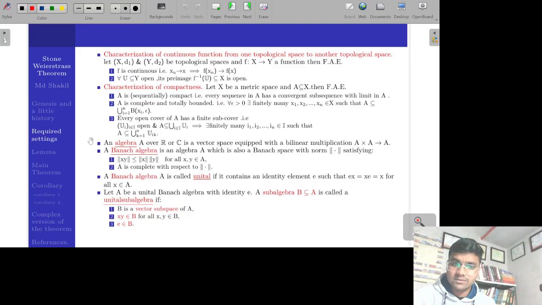And a Banach space which is also an algebra and has the property that norm of x times y is less than or equal to norm x times norm y for all x, y in A, and it is complete with respect to this norm, that is called a Banach algebra. A Banach algebra is called unital if it contains an identity element E. E is an identity means E times x equals x times E equals x for all x belonging to A.